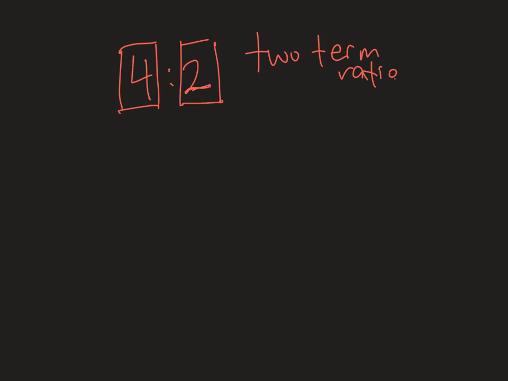With 4 to 2, we know that both 4 and 2 can be divided by 2. So what we're going to do is actually divide both sides. And you know that with reducing fractions to lowest terms, we'll typically say whatever you do to the bottom, do to the top. Now that we're dealing with ratios, whatever you do to one side, you do to the other.